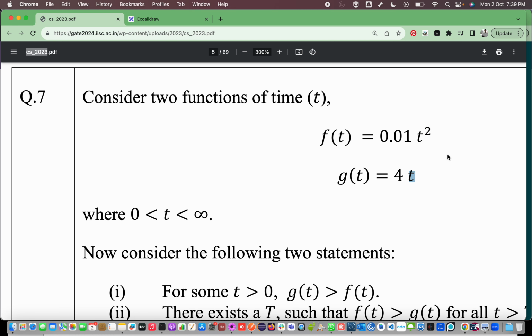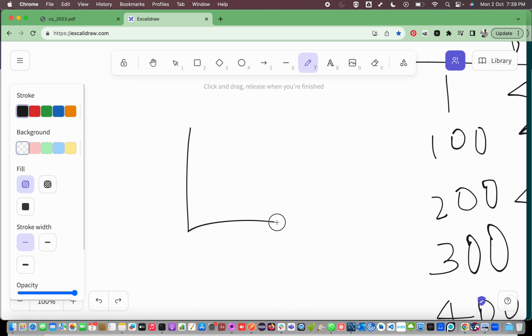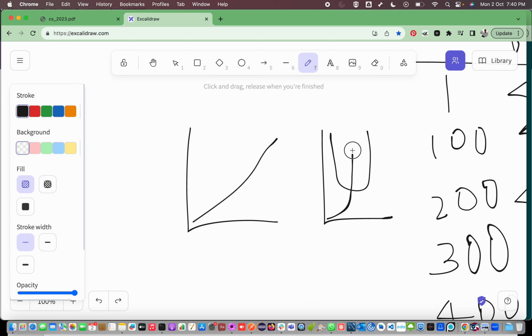This is linear, means straight line. If we draw an XY graph, linear means straight line. Square means quadratic, like a parabola. Here t is more than 0, so it is a positive value like this.